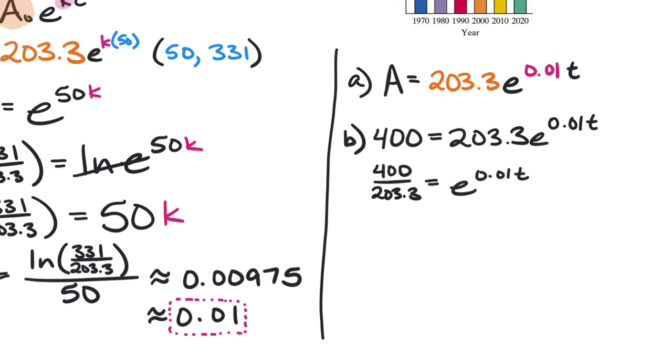What do I do on both sides? Natural log. I'm going to take a shortcut here because I know that the natural log and the e are going to cancel. So on the right-hand side, I'm just going to write 0.01t because I know they cancel. I'm just trying to save some space. What's the last step to solve for t?